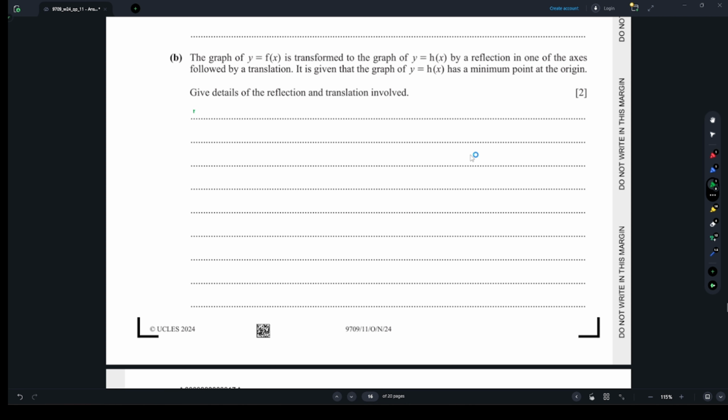So I will write like this: y equals f(x) has a maximum point.